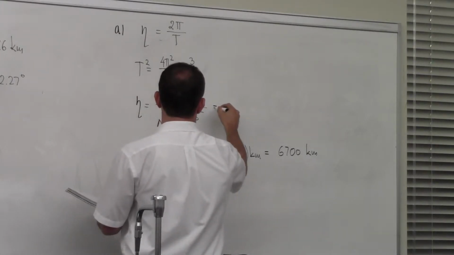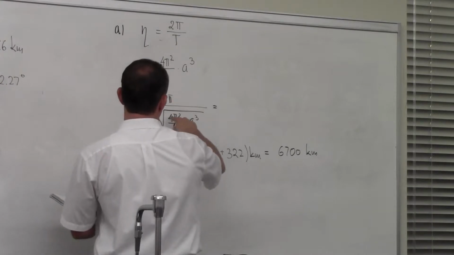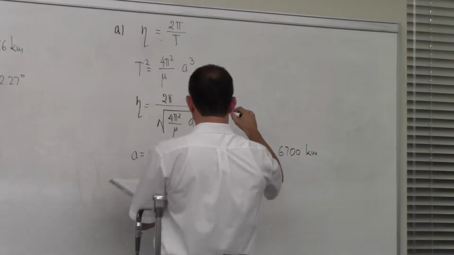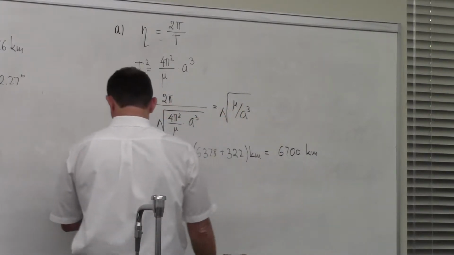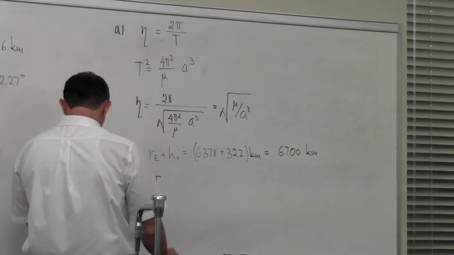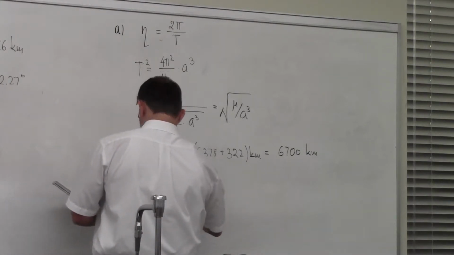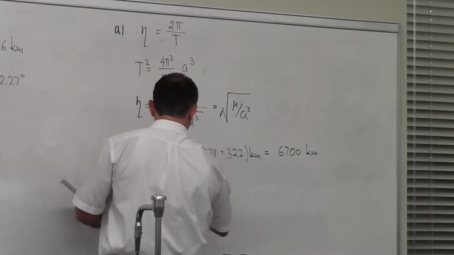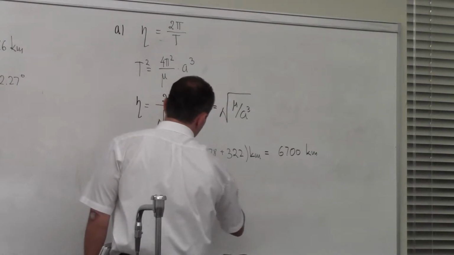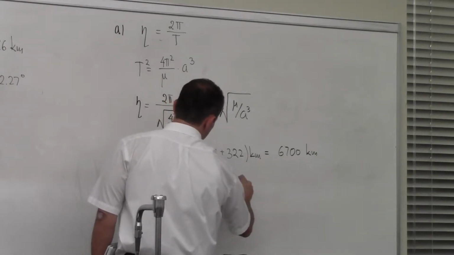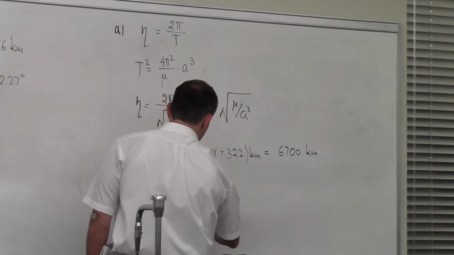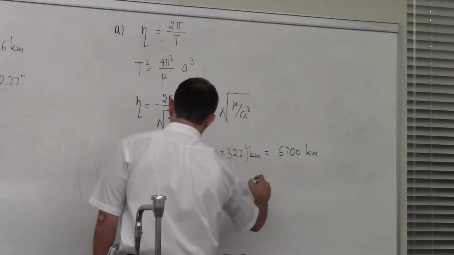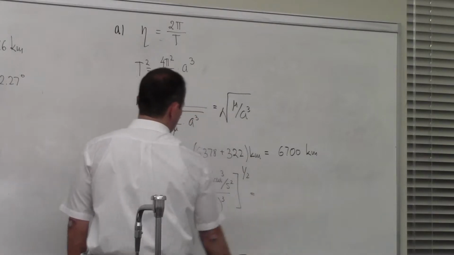Now when you substitute everything here, you get that eta is equal to, and this here I worked a little bit more. So pi and pi cancel, 2 and 2 cancel. So this ends up being the square root of mu over a cubed. So this is 3.986 times 10 to the 5 kilometers cubed over second squared, divided by a, which we calculated as 6,700 kilometers, but the whole thing to the power of 3, and then I need to take the square root of this.